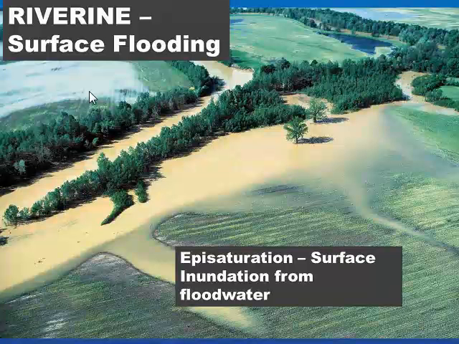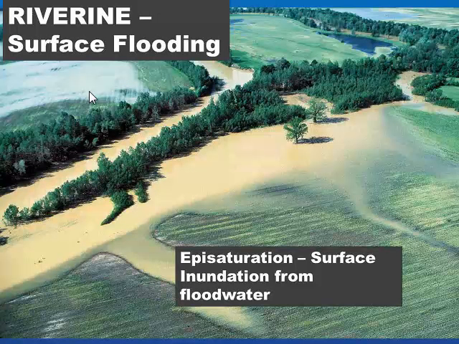And finally, this is an episaturated condition. This is water on the top, and in a case where our floodplain soils are not very capable of moving water through the soil profile laterally from the stream and the wetland, we really don't have a groundwater component to that stream hydrograph.